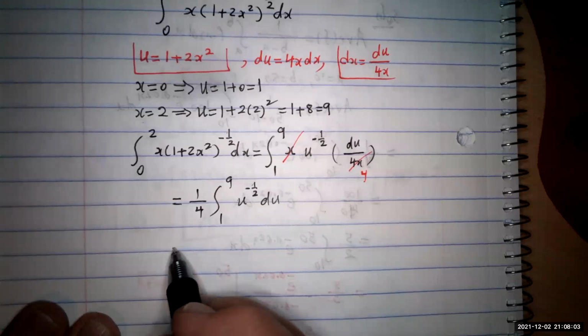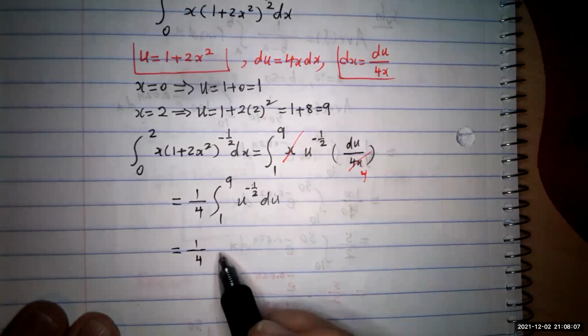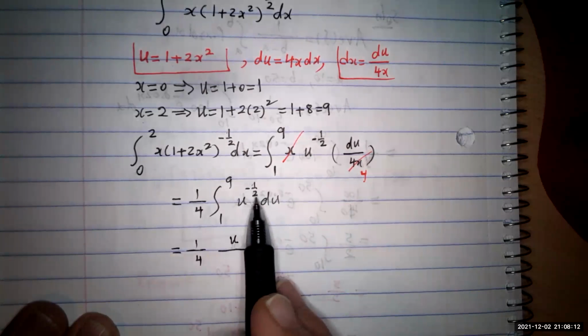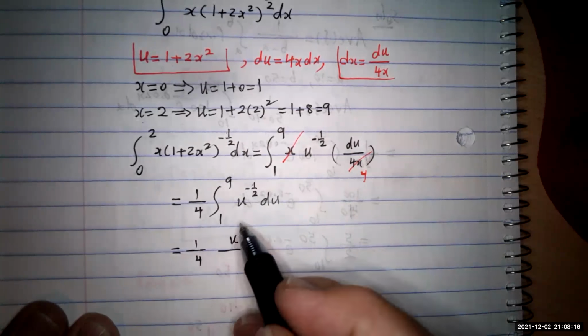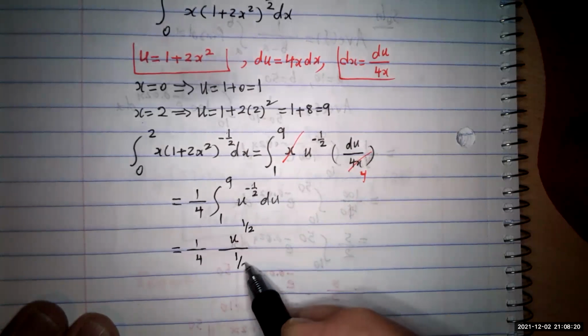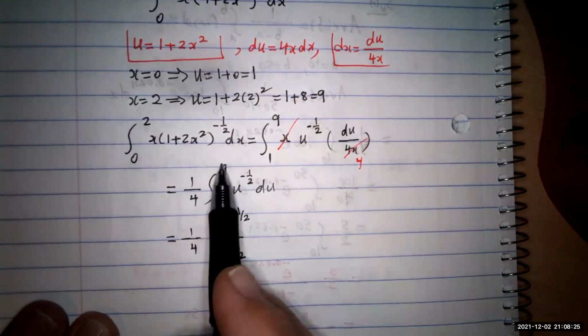So it's going to be equal to a quarter, and this is going to be u to the negative half plus 1. It's like negative 1 plus 2, which is going to be 1, so it's going to be 1 half, divided by 1 half. Remember, no constant c because you're dealing with 1 to 9.